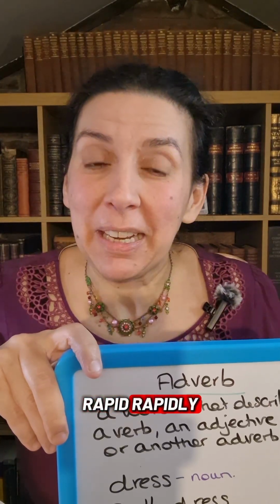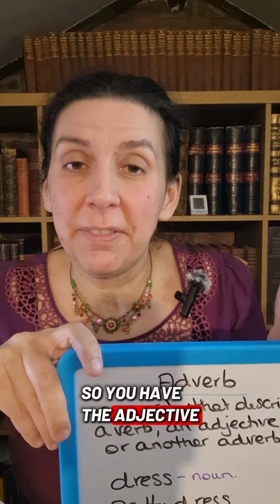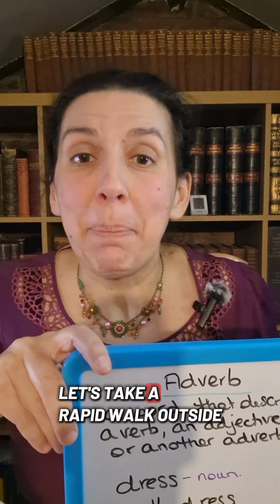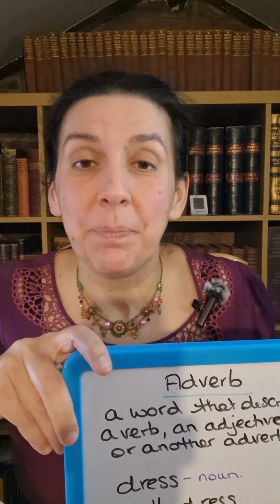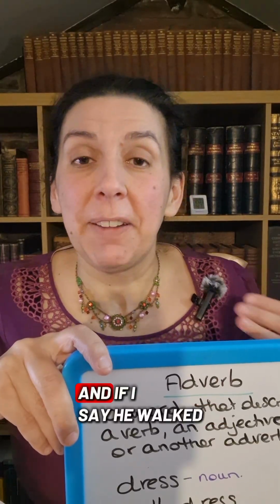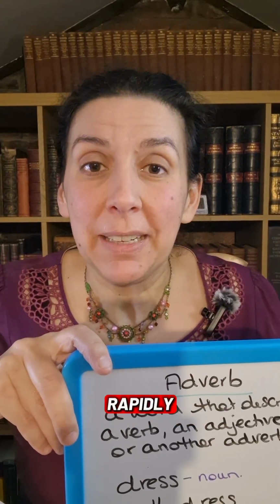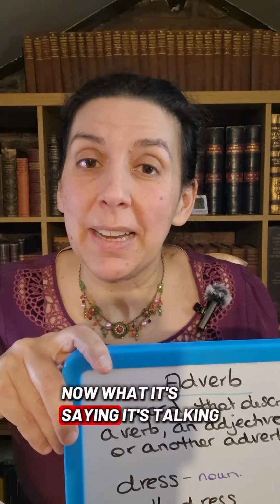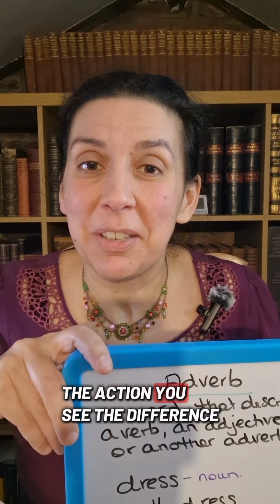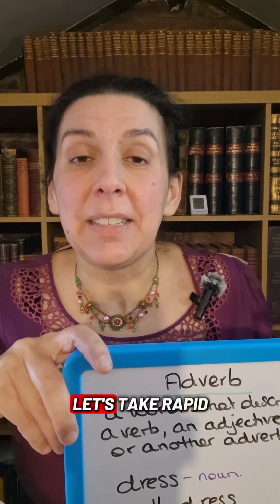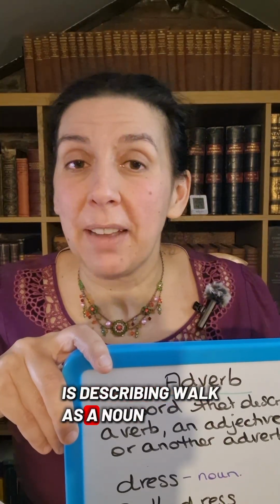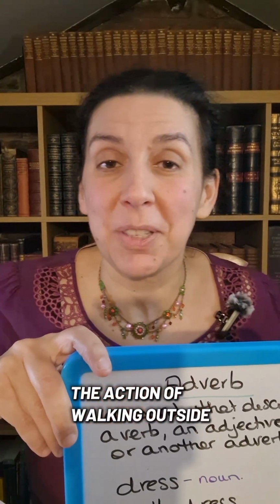Rapid, rapidly. So you have the adjective and then you have the adverb, right? Let's take a rapid walk outside. So rapid is describing the walk. And if I say he walked rapidly, now it's talking about how he's walking, the action. You see the difference? Let's have a rapid walk. That is describing walk as a noun, the action of walking outside.